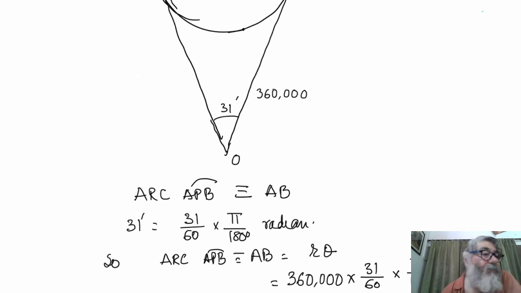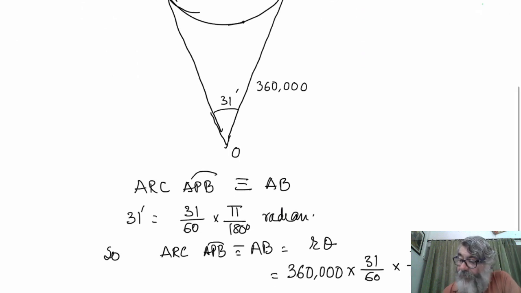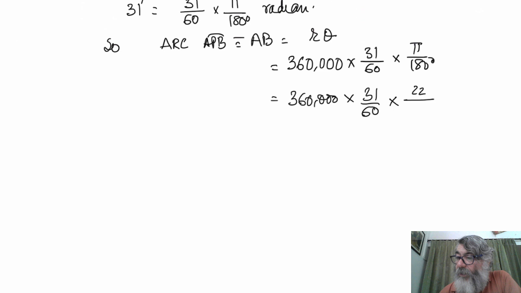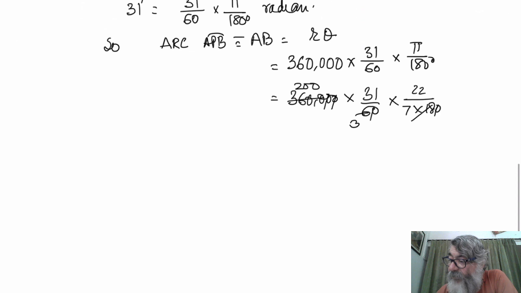Let's take pi as 22 upon 7. So 360,000 into 31 upon 60 into 22 upon 7 into 180. Whatever we can cancel, we'll cancel. Two zeros will cancel here. 18 twos are 36. 200 will be left. Two threes are 6.